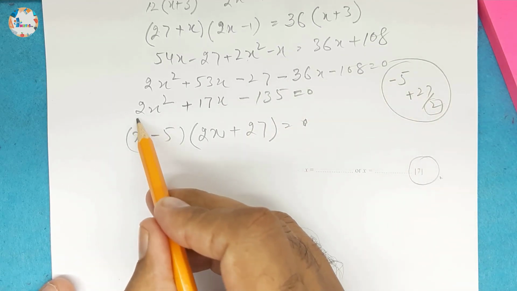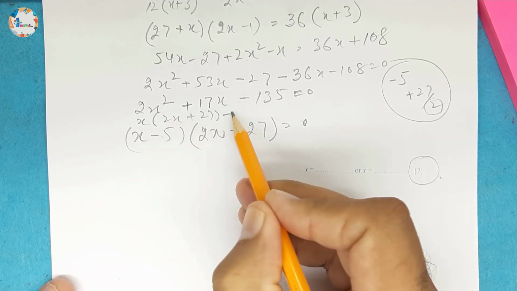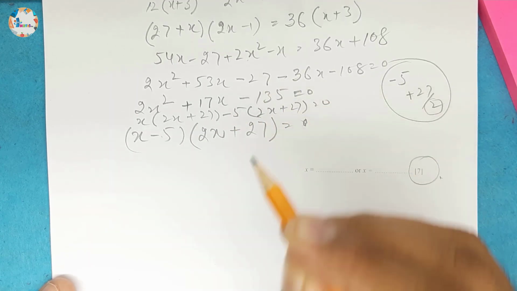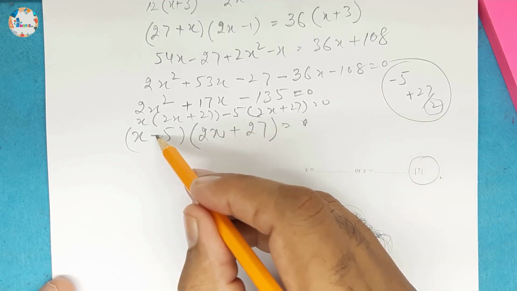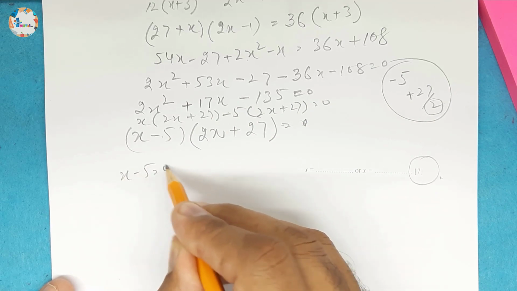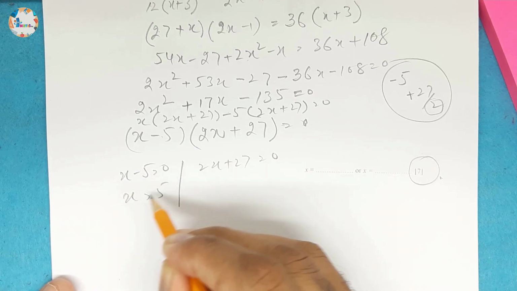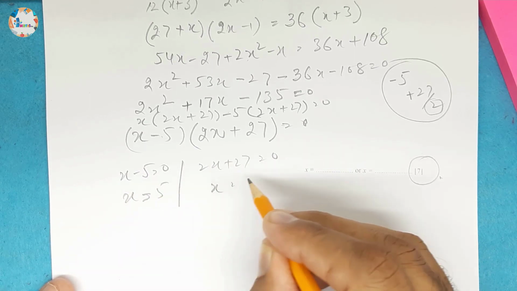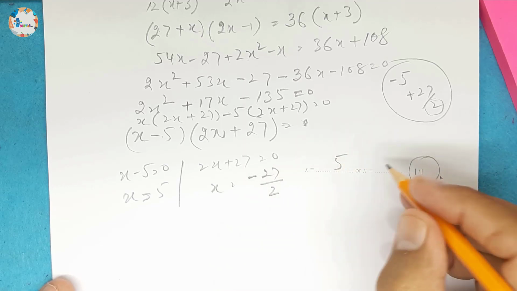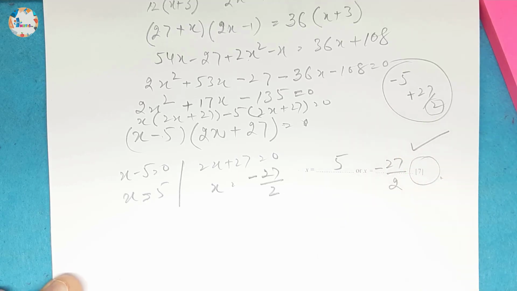We can write a step over here, x into 2x plus 27 and minus 5 into 2x plus 27 is equal to 0. This multiply by this all, and minus 5 again multiply by this. So now we can write x minus 5 is equal to 0, or 2x plus 27 is equal to 0. x will be equal to 5, and x will be equal to minus 27 over 2. Now we can write here 5 and minus 27 over 2. This will be our final answer for this one.